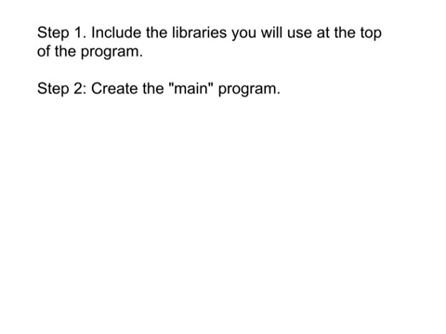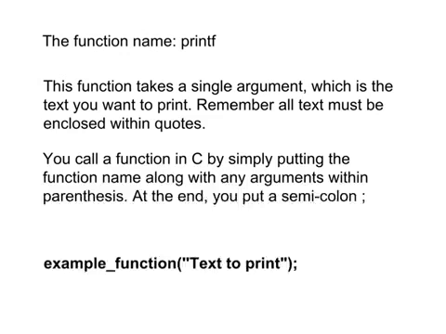So in order to do that, you need to know two things. First of all, you need to know the name of the function that we're going to use in order to do this. And second of all, you need to know the syntax that that function requires. So here's how this works. The function that we are going to use in order to print text to the screen is called printf.